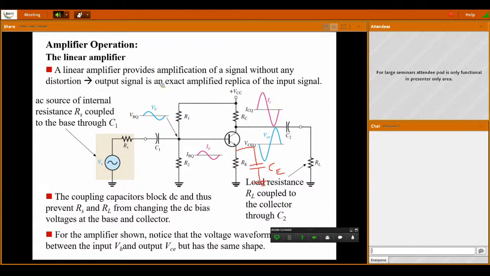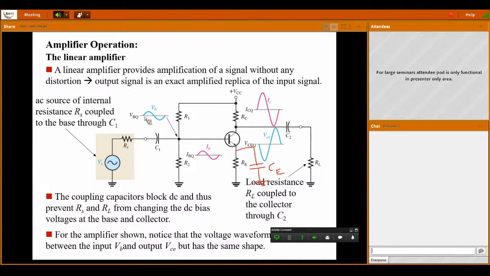Now a linear amplifier provides amplification of signals without any distortion. The output is exactly the amplified replica of its input signal. Let us verify this. Here is the voltage at the base terminal.